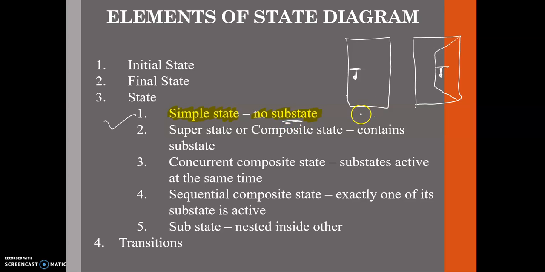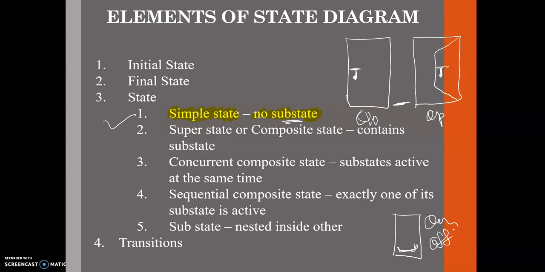When I say the door is closed and the door is opened, there is no other state of the door. It can be either open or closed, right? There is no in-between state. So this is called a simple state. If we talk about a switch, it can be on or off, only two states.